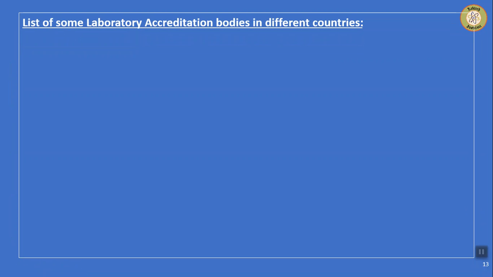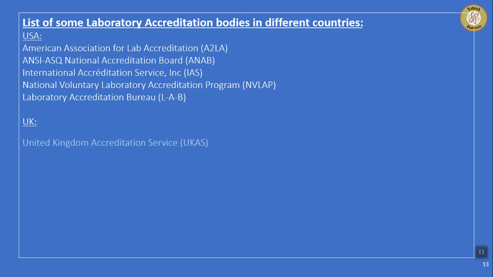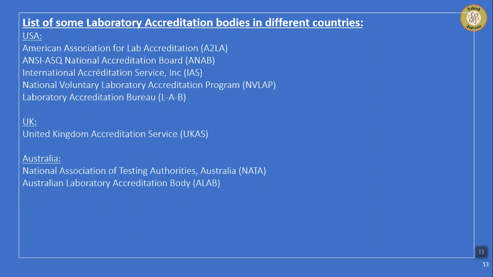Here is a list of laboratory accreditation bodies in different countries. In the USA, there are several. UK: United Kingdom Accreditation Service. Australia: National Association of Testing Authorities, NATA, and ALAB.